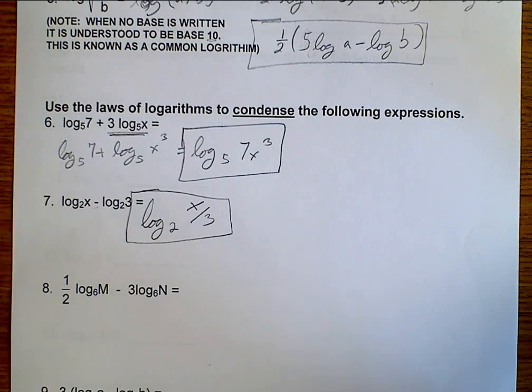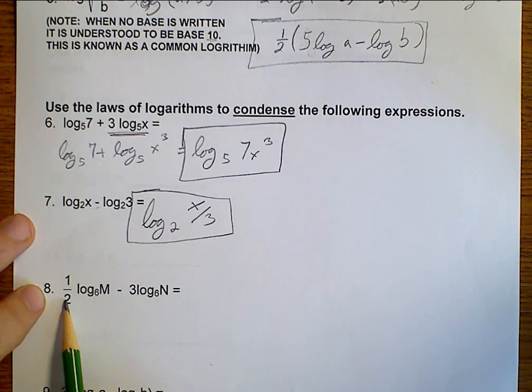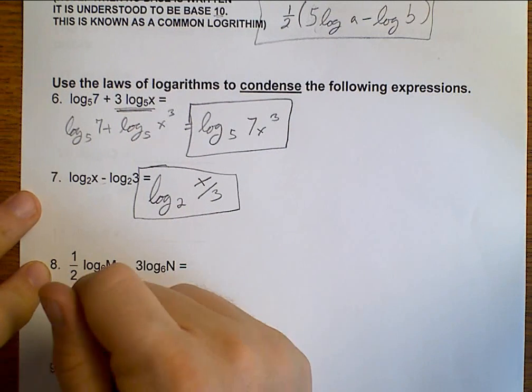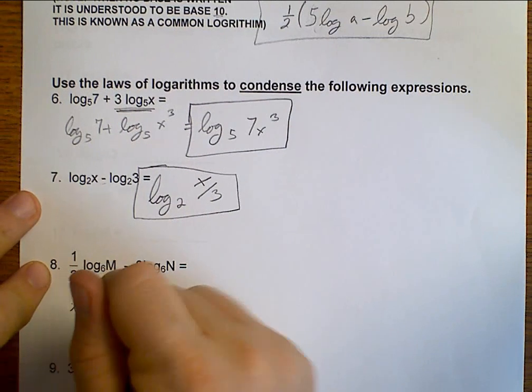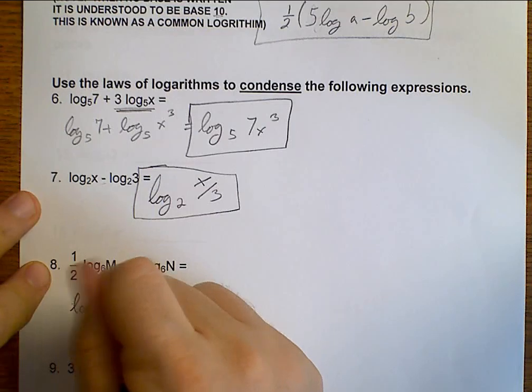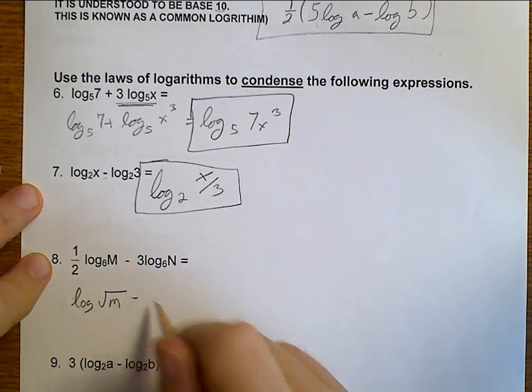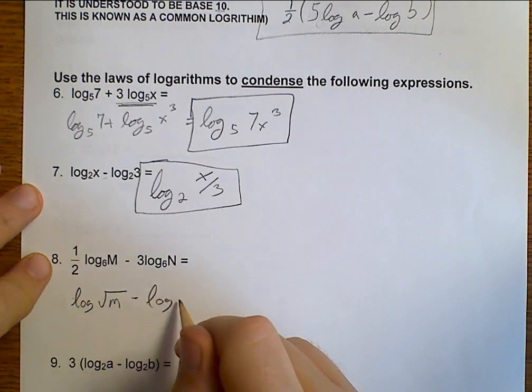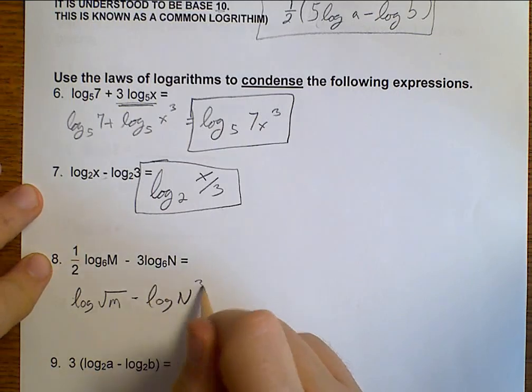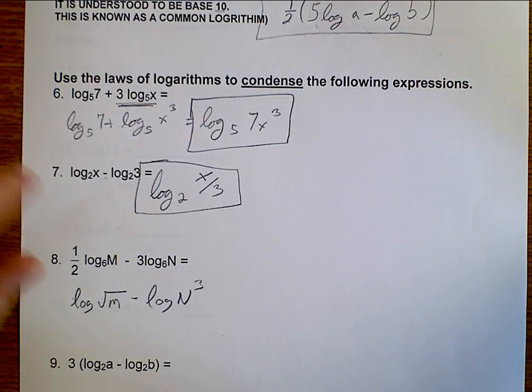The log base 2 of x over 3. Here we have this fraction. So that's the log of the square root of m minus the log of n cubed.